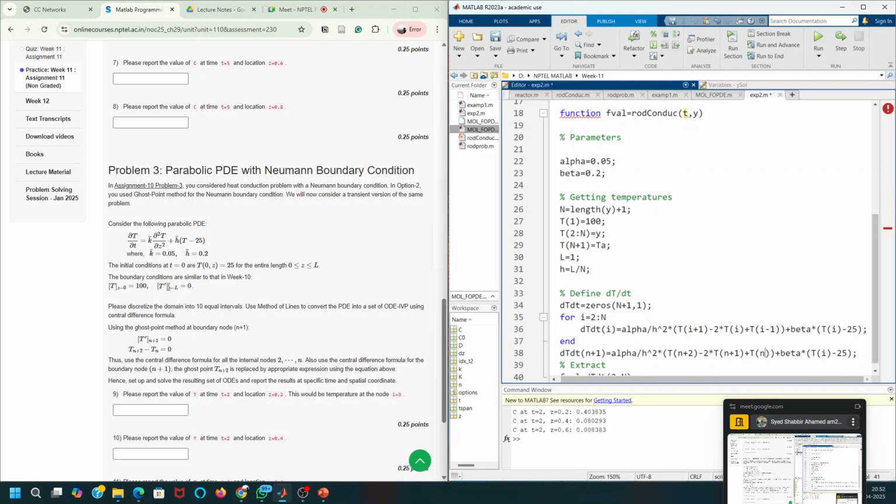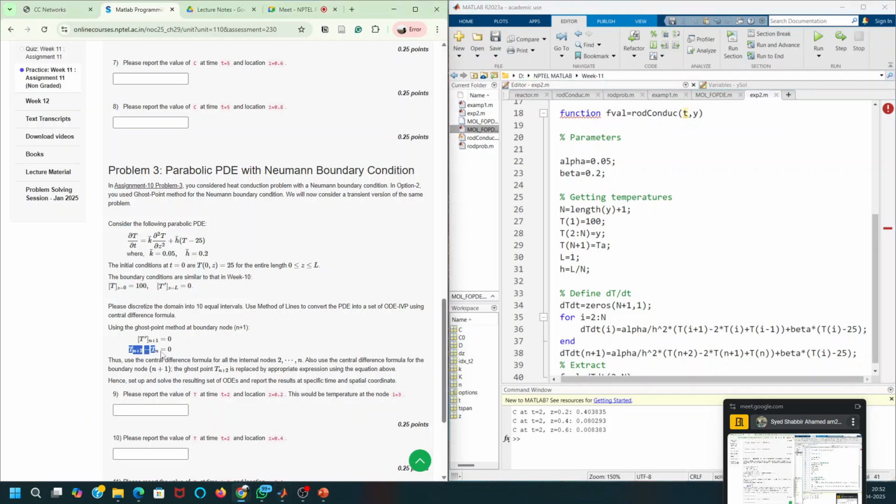The condition is dou T by dou z at n plus 1 is equal to 0, right? So I'll apply the central difference scheme at the end point, which is (Tn plus 2 minus Tn) by 2h is equal to 0.